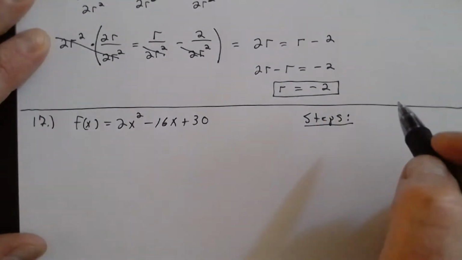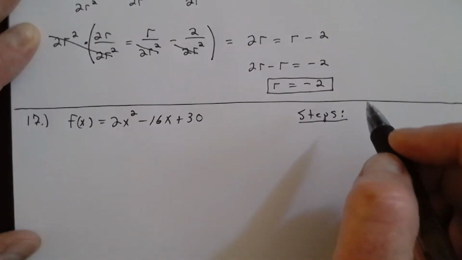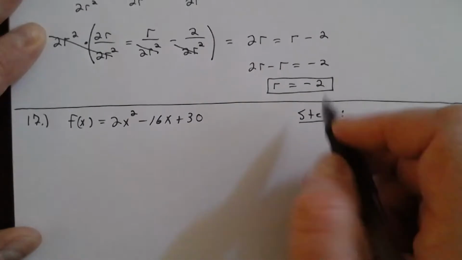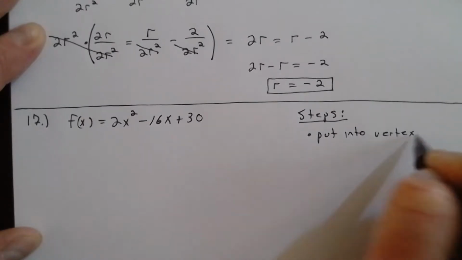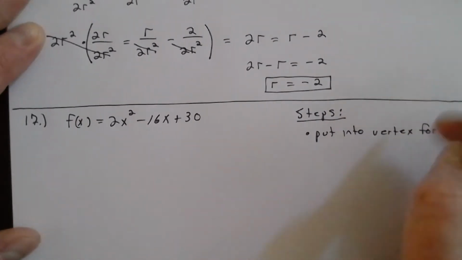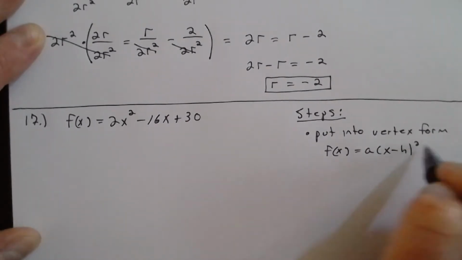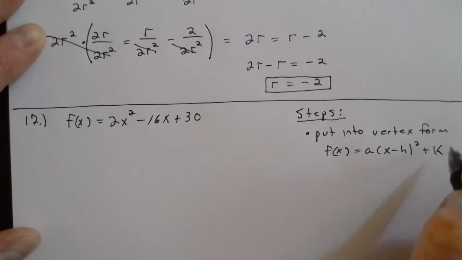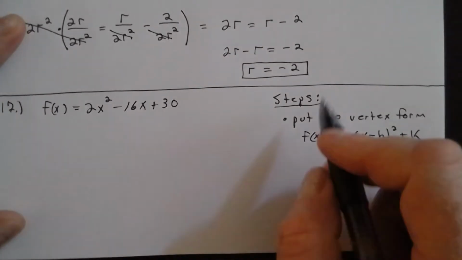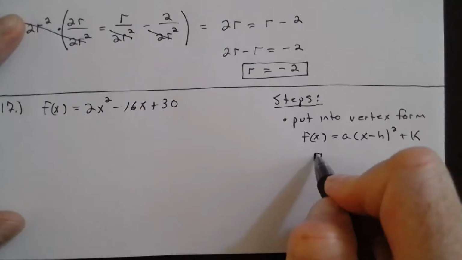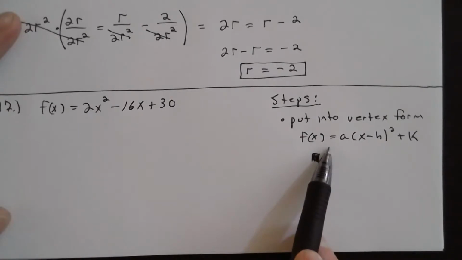The first thing we want to do is put this into vertex form. Vertex form is a times x minus h squared plus k.